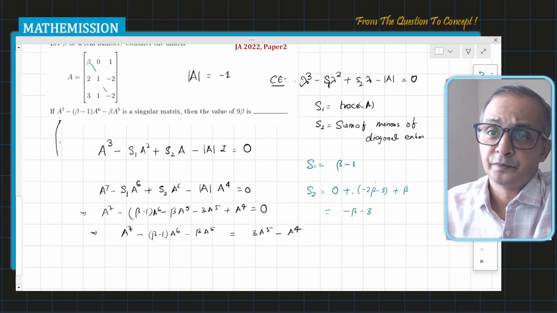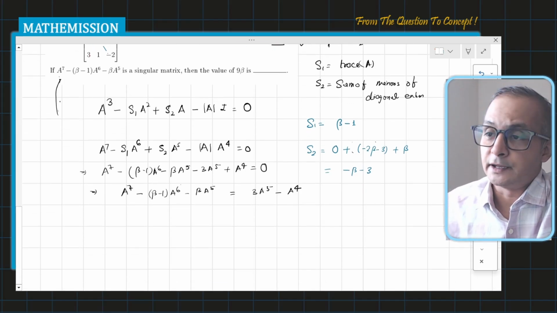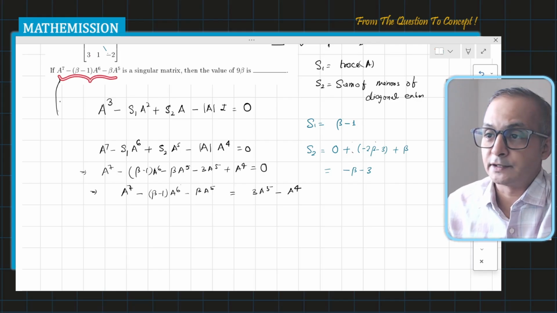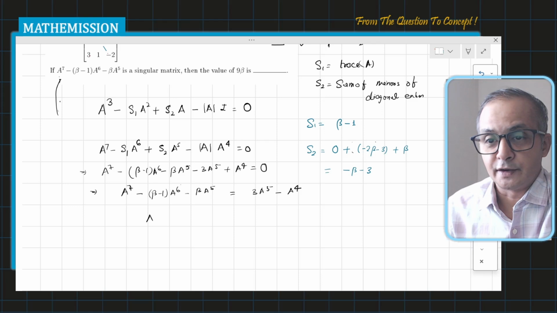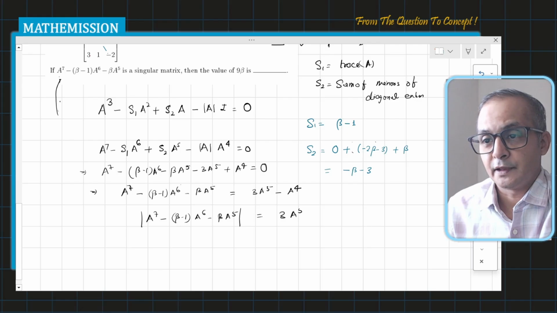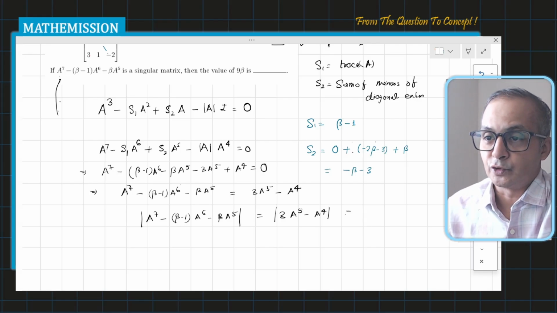Now you notice I can use the fact that the determinant of this matrix is 0. So I take the determinant on both sides. I get the determinant of a to the power 7 minus beta minus 1 a to the power 6 minus beta a to the power 5 is equal to the determinant of 3 a to the power 5 minus a to the power 4, and that is going to be 0.